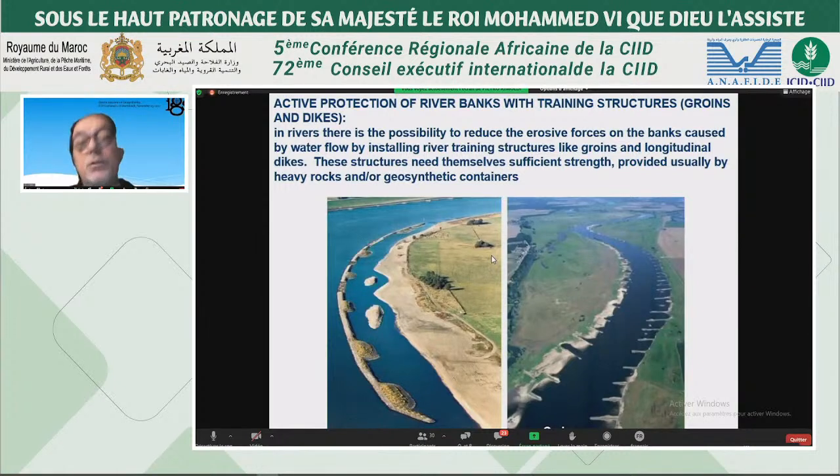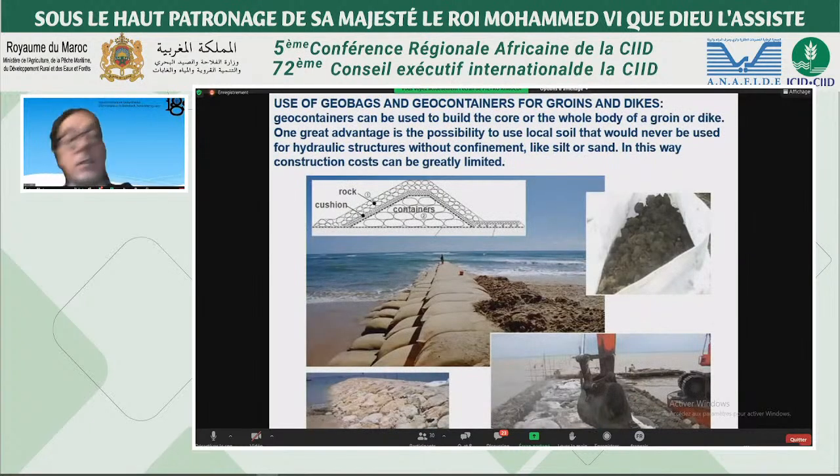Dans les rivières, il y a aussi une possibilité de réduire les forces érosives des bords générées par un flux d'eau en installant des structures sur la rivière de manière longitudinale. Au niveau des digues, on peut, comme dans cet exemple, utiliser les géobags et des géoconteneurs.